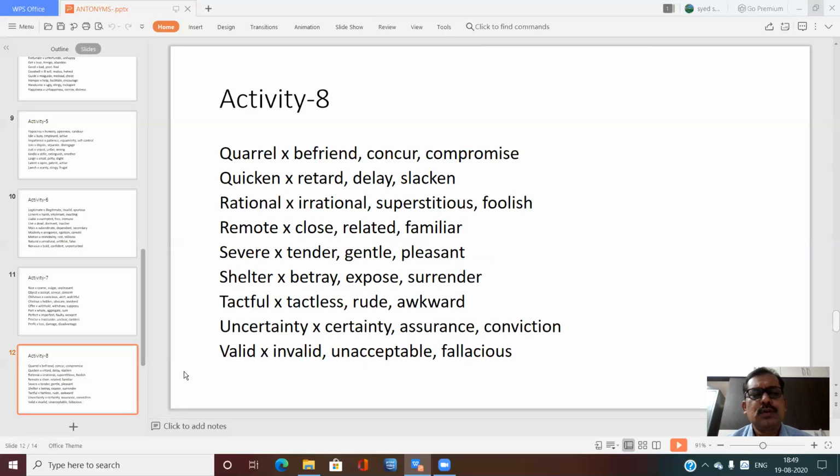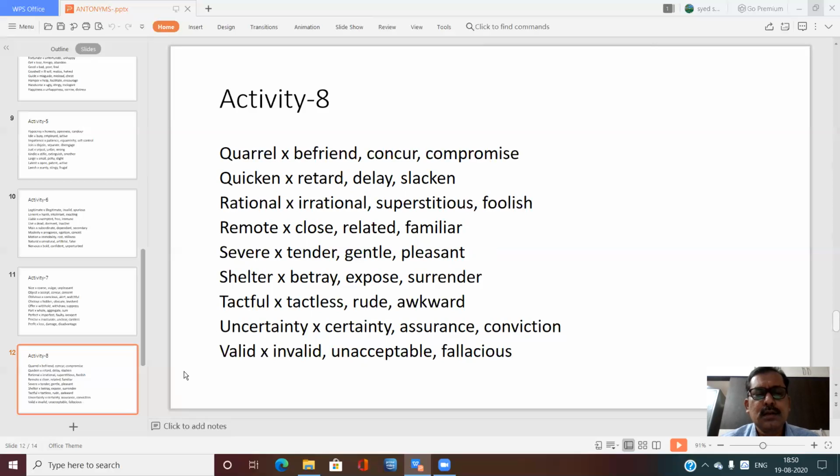Remote. Opposite: close, related, familiar. Severe means harsh. Opposite word: tender, gentle, pleasant.